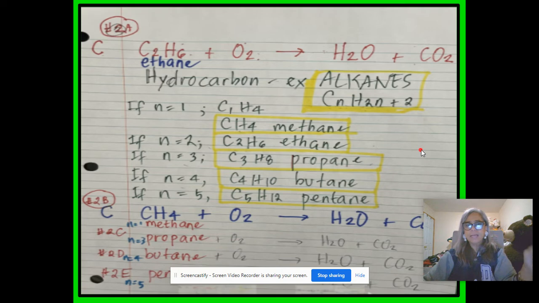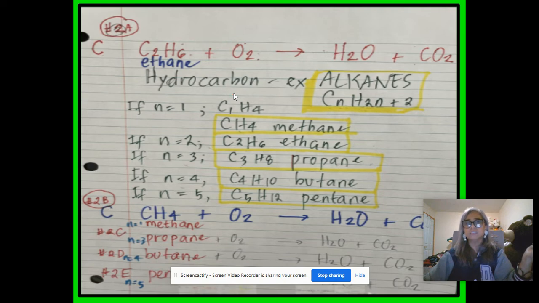Okay. Now, the second problem there would be ethane, which is a hydrocarbon. And you are asked, what kind of chemical reaction is this? Is it S, synthesis? Is it D, decomposition?